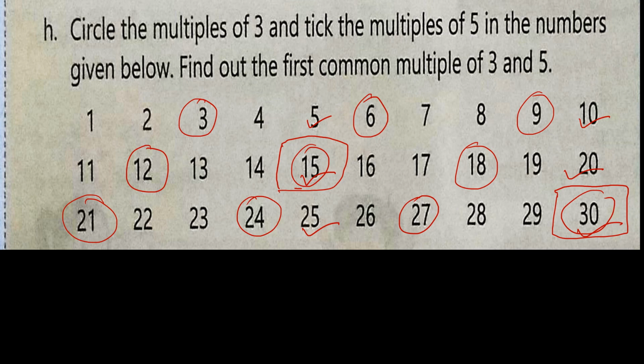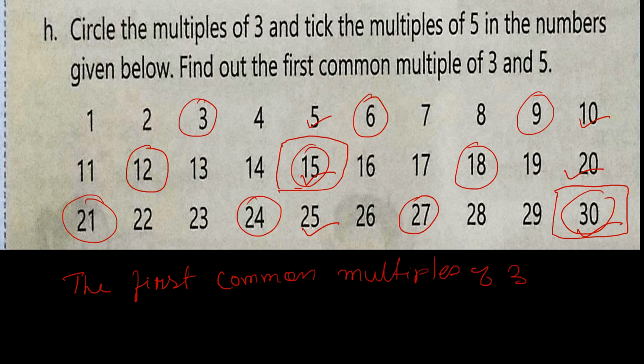So here we will write the first common multiple of 3 and 5 is 15. Done. Got it, children? So you keep on practicing. Okay. Thank you, everyone.